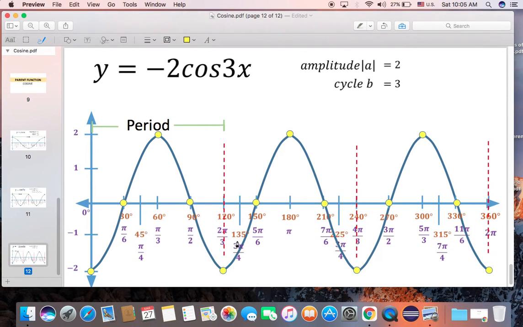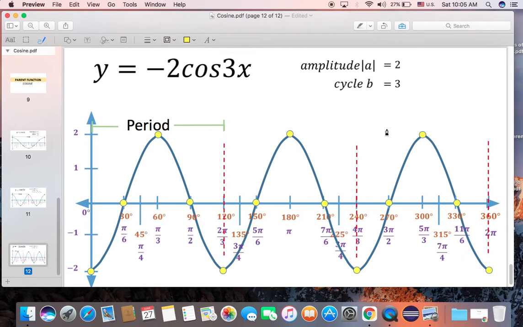You see, this one is 2 pi over 3. The red straight line means what? The period. So it means we start from 0 here until 2 pi over 3 is a period, and move from 2 pi over 3 to 4 pi over 3 is also the period. We just note that if you see the red straight line in here, we can conclude that it is the period.